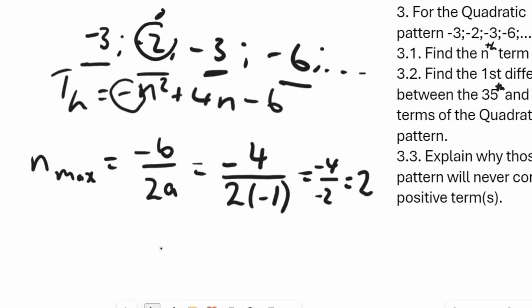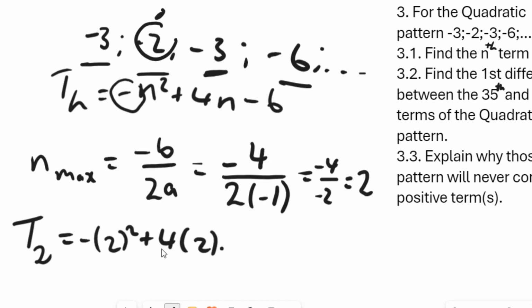But if you want to give them the more valid answer, you say, okay, so term number 2 will be minus 2 squared plus 4 into 2 minus 6, and this will give you minus 4 plus 8 minus 6.